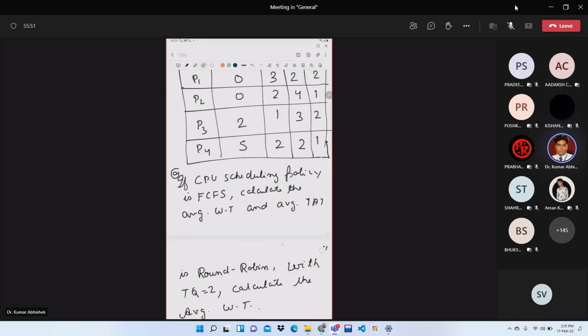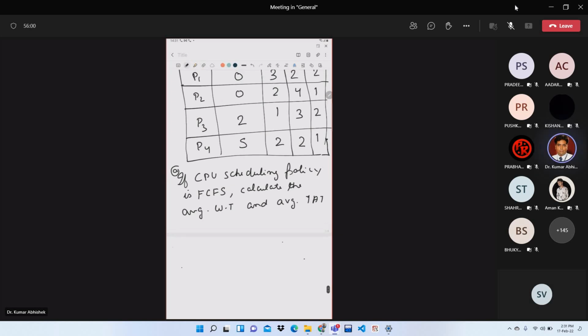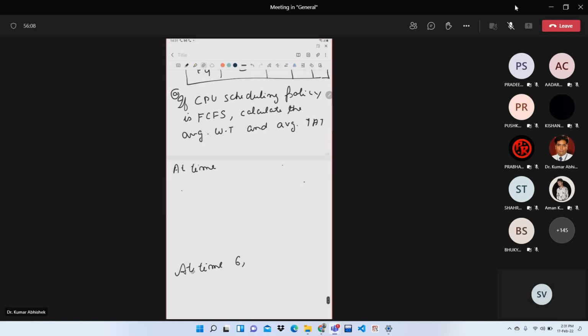Just take a case over here. At time 0, I'm discussing this question only. At time 0, my ready queue will have these two processes, 3, 2.